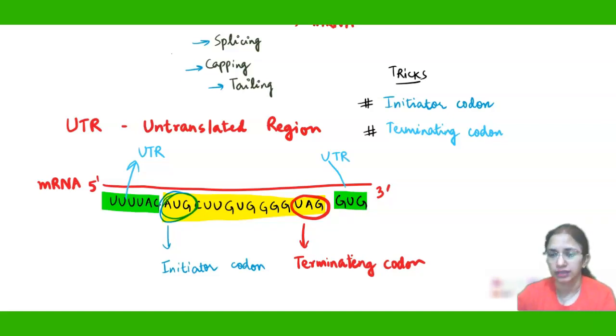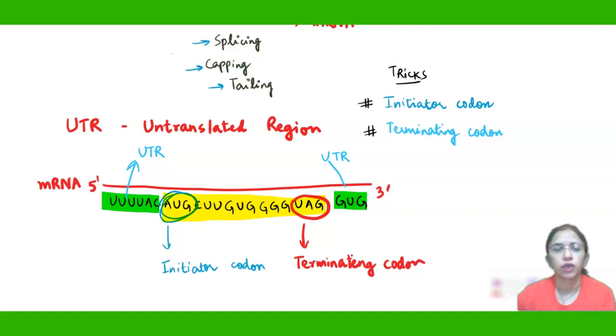This is again very important. Please do remember, it's very easy. Take the notebook, write the sequence, find the initiator codon, find the terminating codon. This segment will help in the translation. The regions occurring prior to the initiator codon and after the terminating codon will be counted as UTRs.